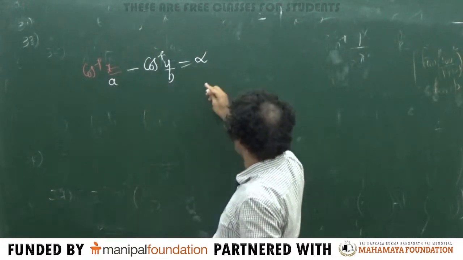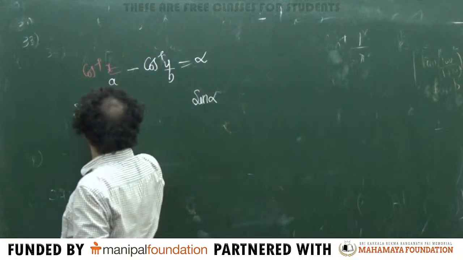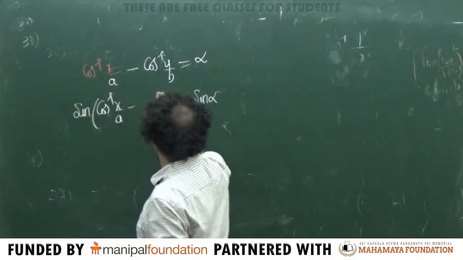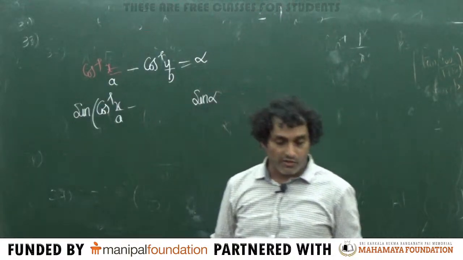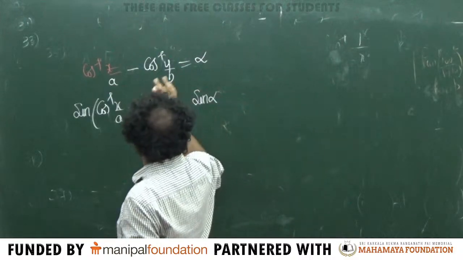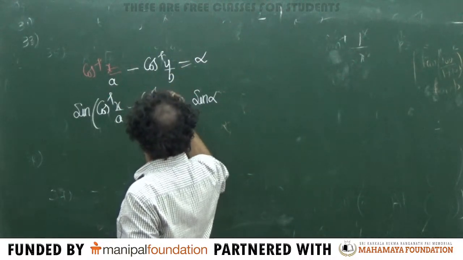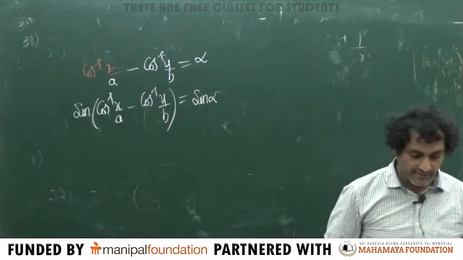Simply take sin alpha. Because in my answer everywhere I could see the result is cos square, sine square, all that is there. So I will take cos inverse x by a minus cos inverse y by b as sine alpha, right?